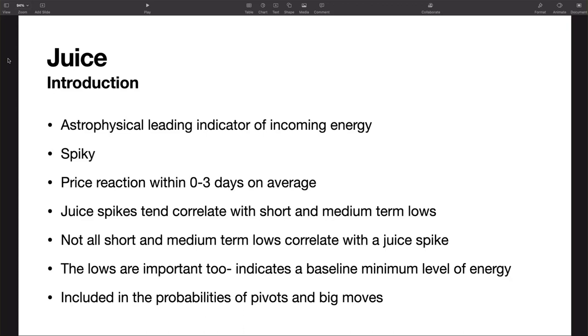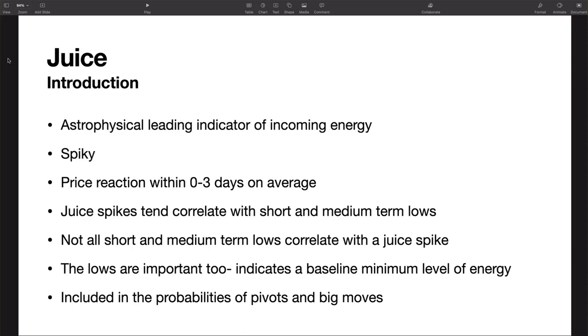In general, you can expect a price reaction within 0 to 3 days on average of a spike, although I've seen some other timeframes as well. These spikes in juice do tend to correlate with short and medium term lows. However, not all short and medium term lows correlate with a spike, right?